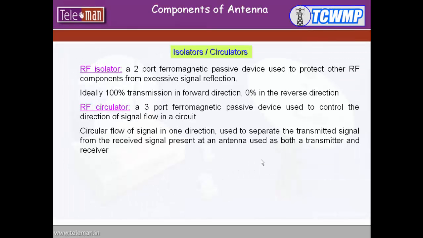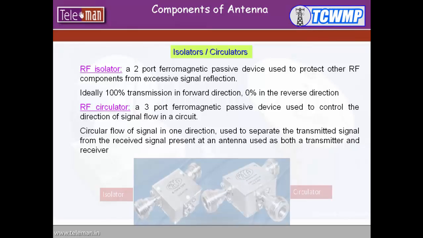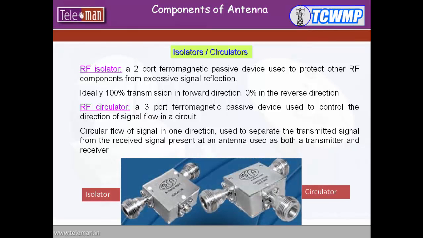Other components of antenna systems are isolators and circulators. An RF isolator is a 2-port ferromagnetic passive device. It is used to protect other RF components from excessive signal reflection. Ideally, it gives 100% transmission in the forward direction and 0% in the reverse direction. Another device is the RF circulator.